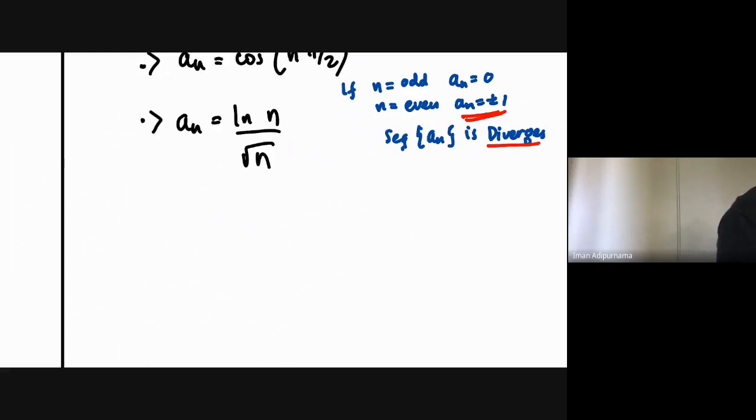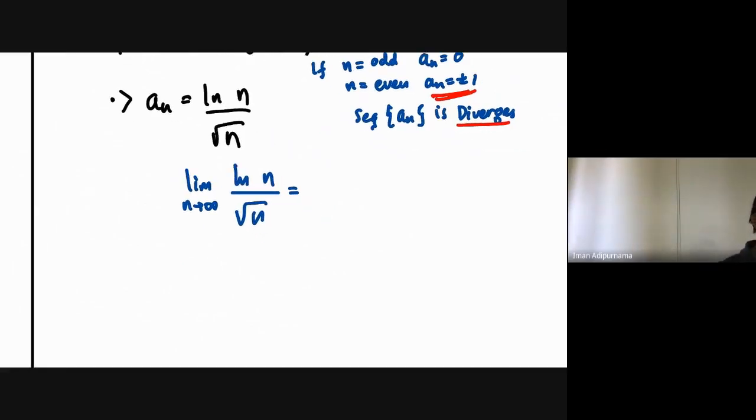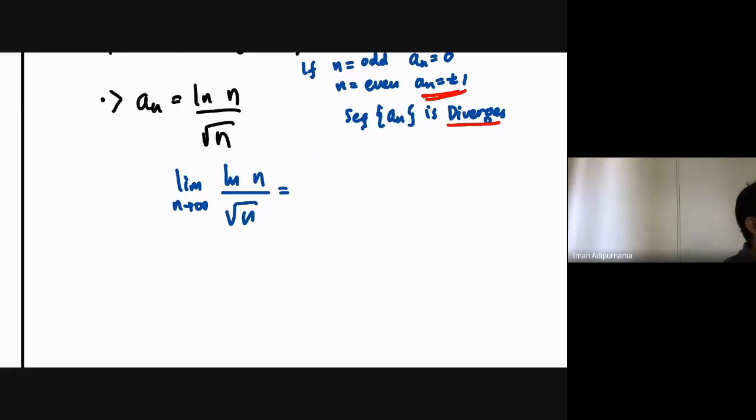Now the last part is we need to evaluate this, and because it's an infinity over infinity situation, we can use L'Hopital's rule.